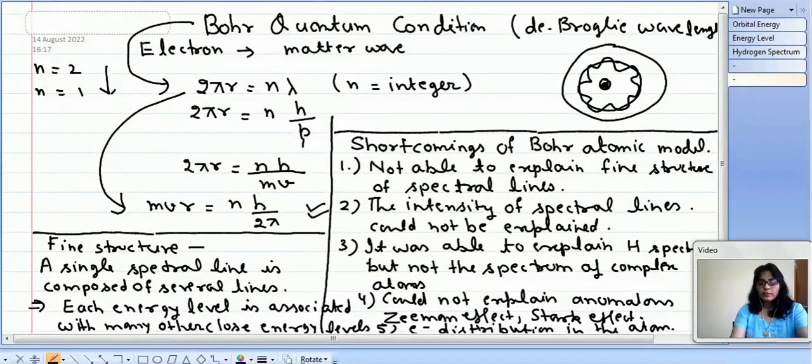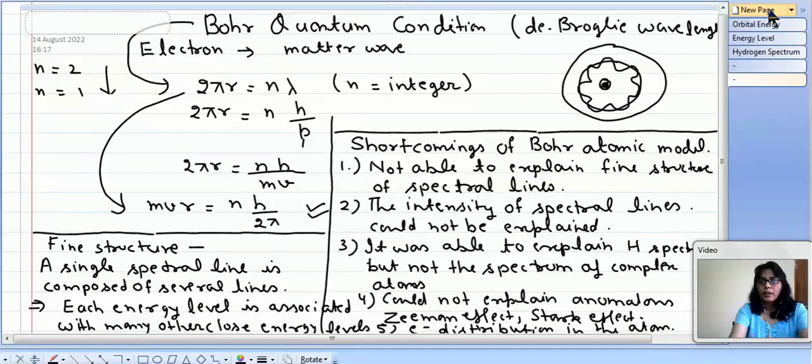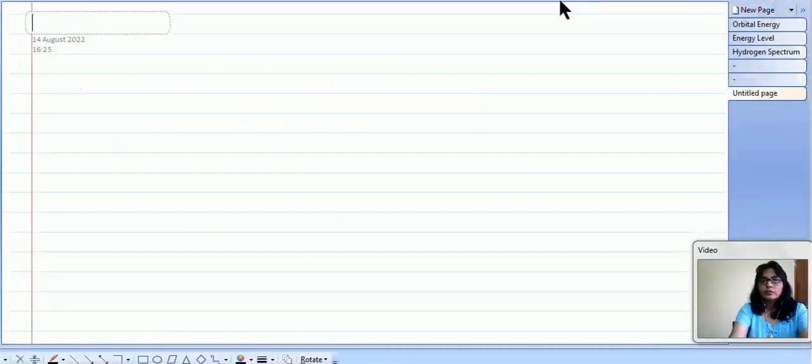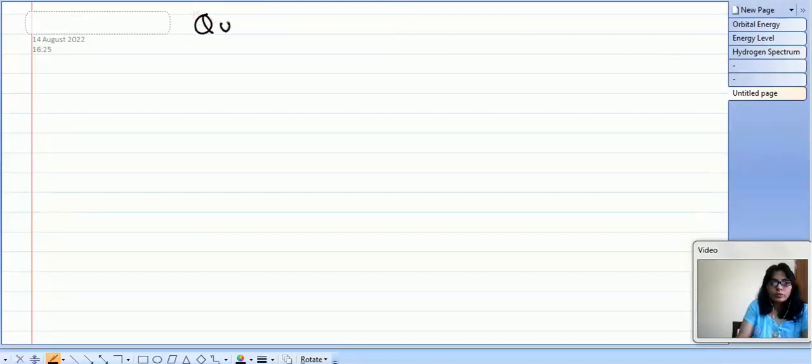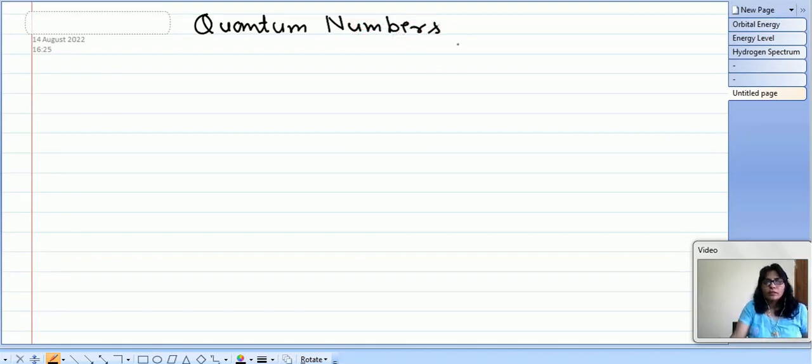Now come to the next topic and go to the new page and put the heading quantum numbers. So these quantum numbers come from the vector model of atom.